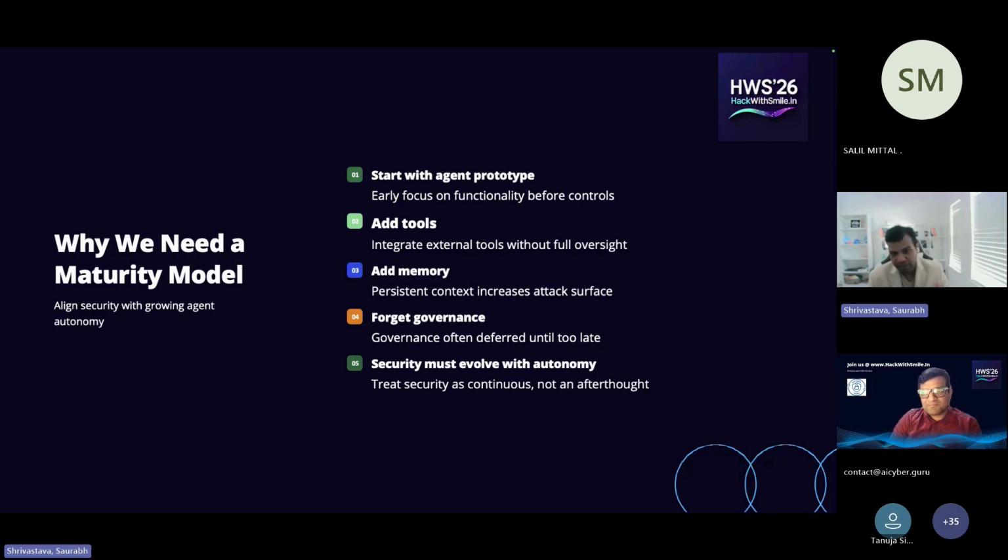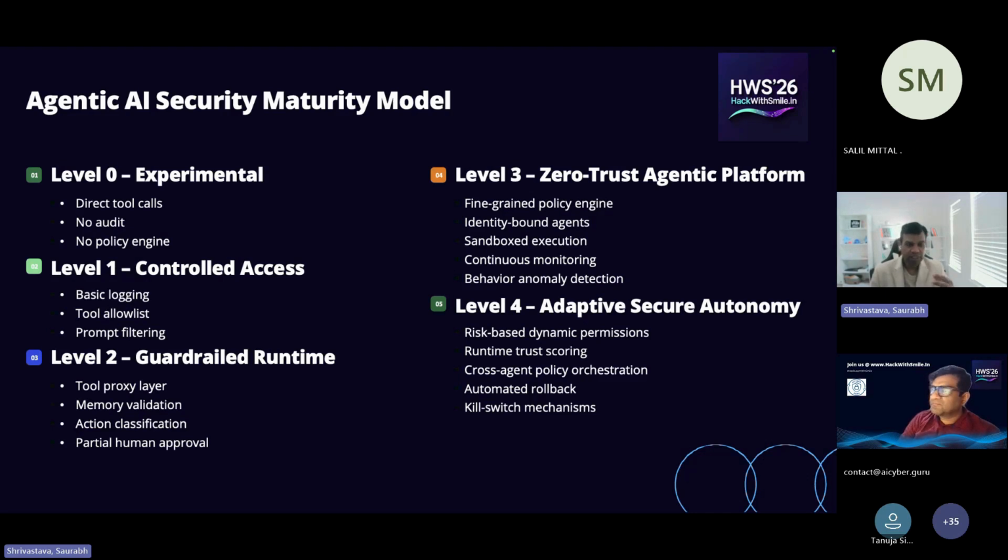Then we'll add tools on top of it, calling the credit company and transaction history, then add memory, and then we will see what the governance is there and how to automate the security. So there are different levels.